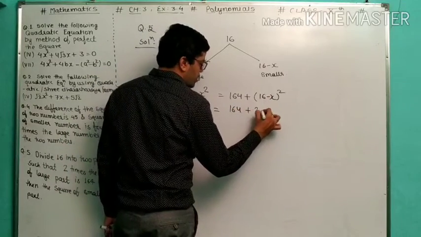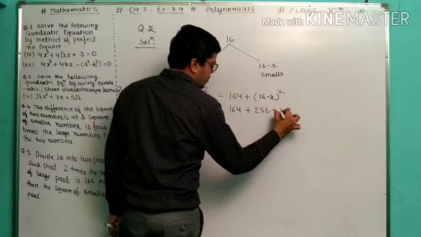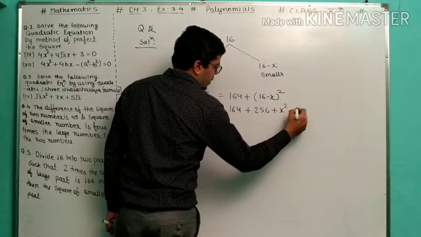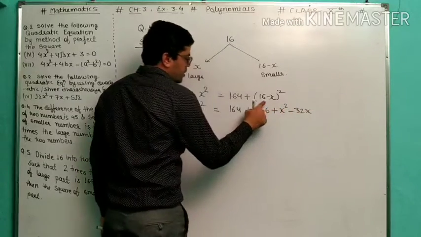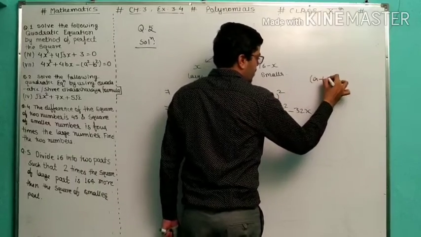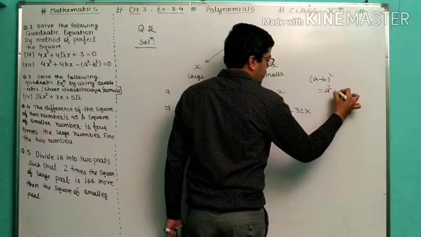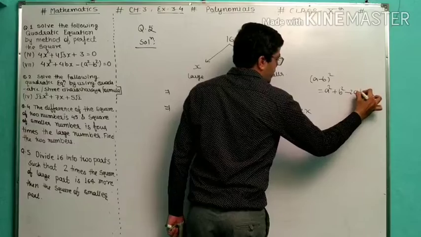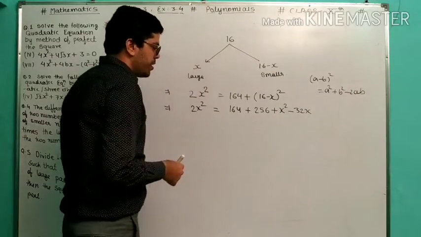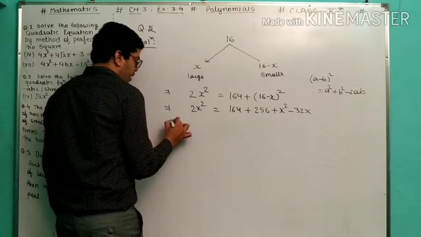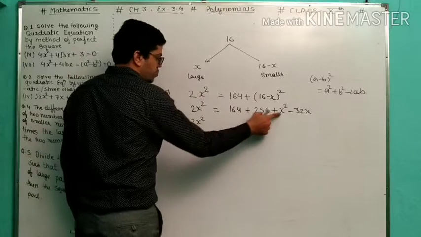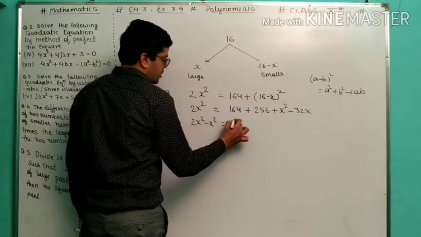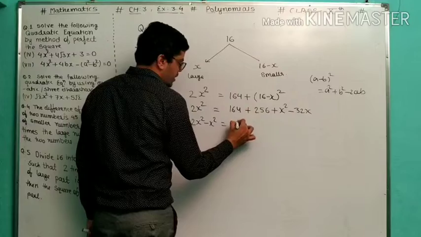164, plus 16 whole square, that is 256 plus x square minus 32x. This is opened by the formula a minus b whole square equals a square plus b square minus 2ab. That particular formula I have used here. And now let's do the transfer. 2x square minus x square, and that is 164 plus 256, that is 420.